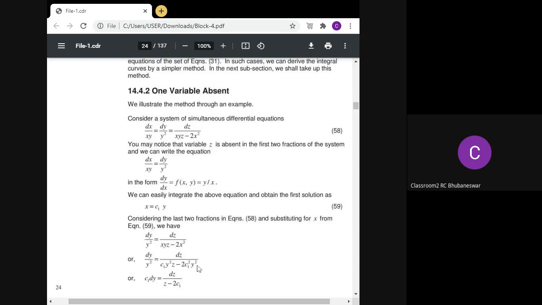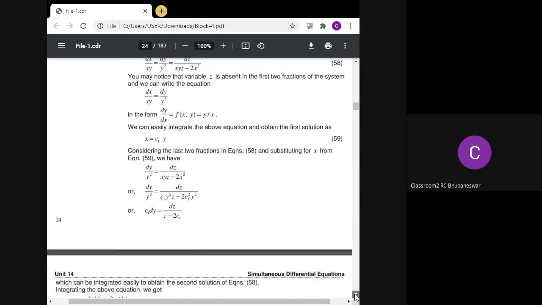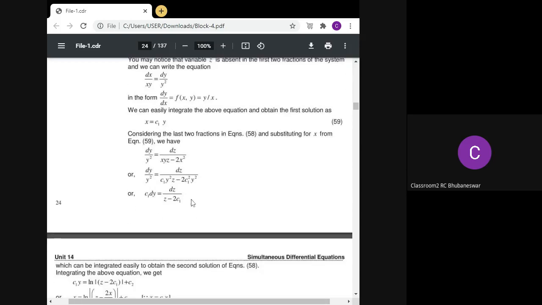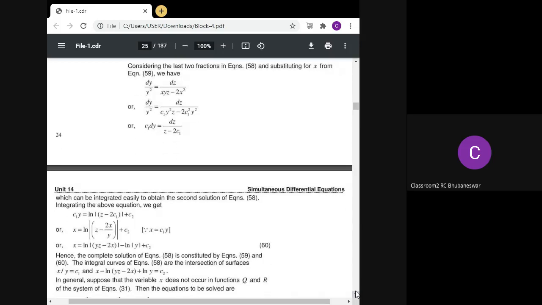Now y square can be taken common from the last fraction and cancelled with the denominator in the first fraction. After cancelling y square, we have a relation in terms of c1: c1 dy equals dz by z minus 2c1. Easily we can integrate this relation: the left hand side will be c1 y, and the right hand side is ln of z minus 2c1 plus c2.